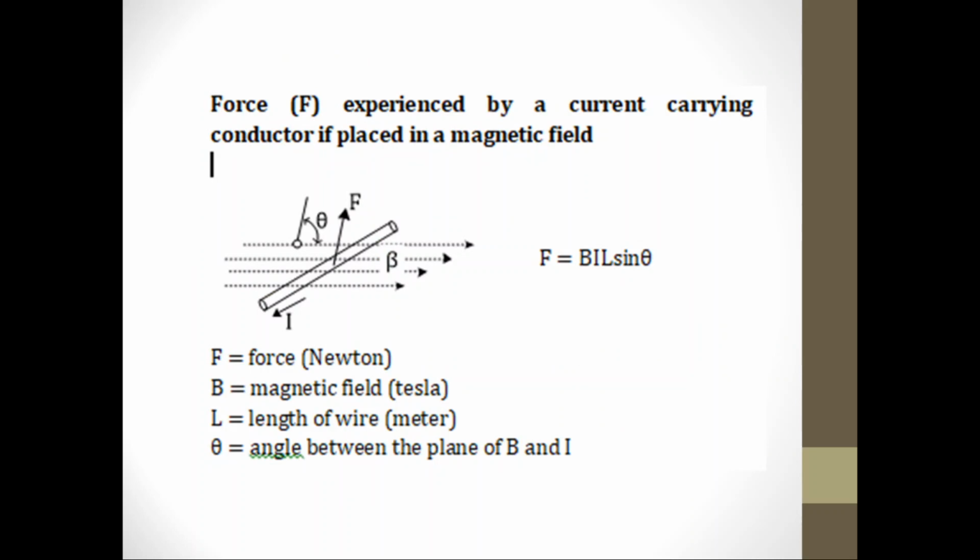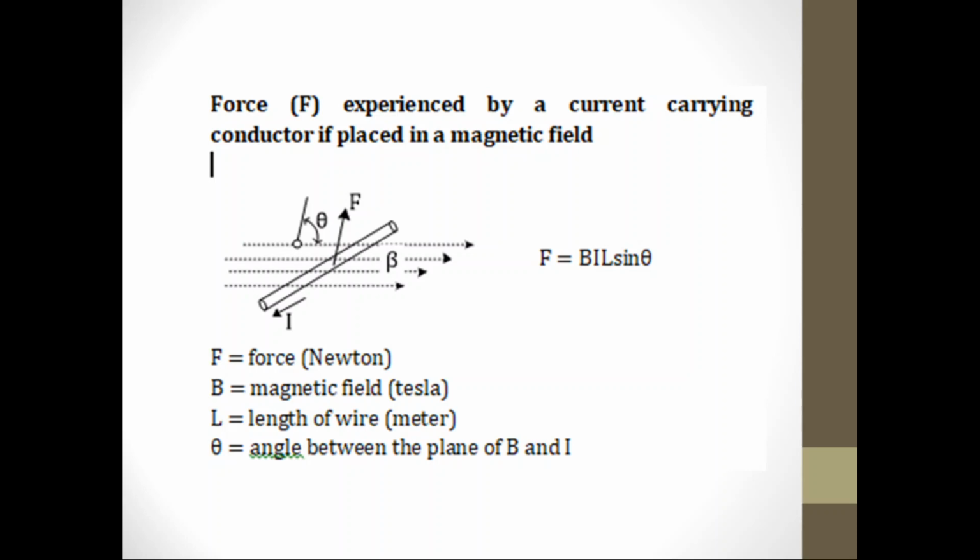Mathematically, the force experienced by a current carrying conductor placed in a magnetic field is given by the formula: the force F is equal to the product of the magnetic field in Tesla, the current flowing in the conductor in amperes, and the length of the conductor or wire in meters.